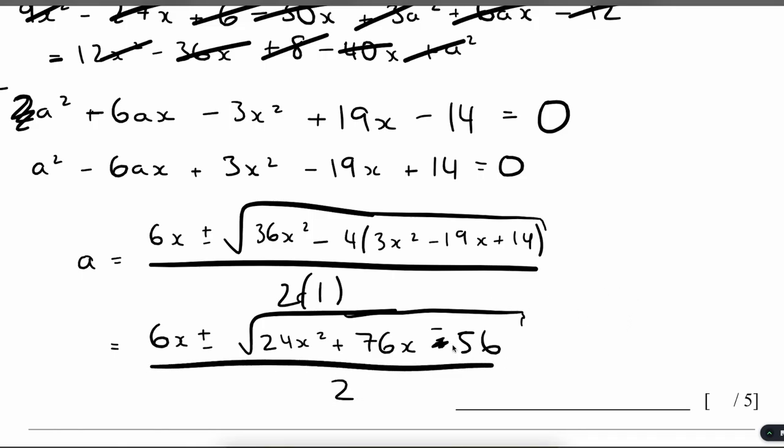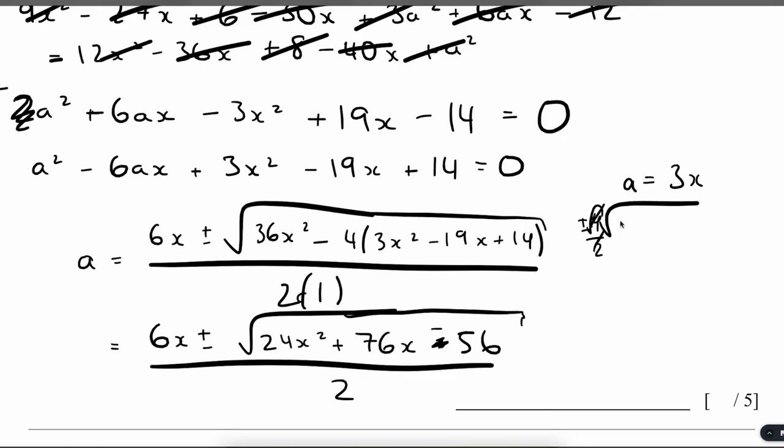So interestingly enough, you can divide all of these by 4, and that's good because we've got a 2 on the outside. So when you divide this by 4, you get a root 4 on the outside, which makes a 2. So we end up with a equals 3x plus or minus the square root of, well, root 4 divides by 2, so it cancels.